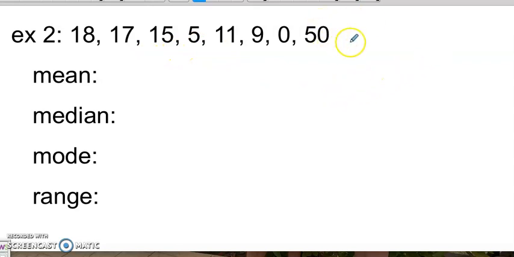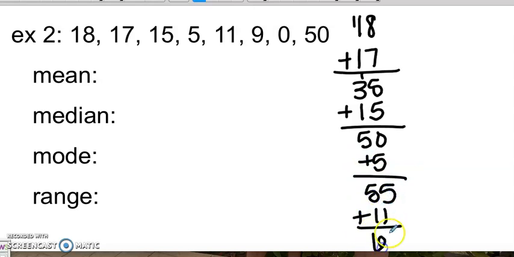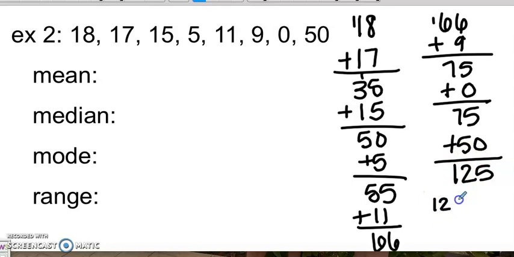Example 2. Do the same thing. Take all my numbers, add them together. So I get 125, and then I take 125 and I divide it by how many numbers are in my data set. 1, you have to include 0 even though it's a 0. 2, 3, 4, 5, 6, 7, 8.